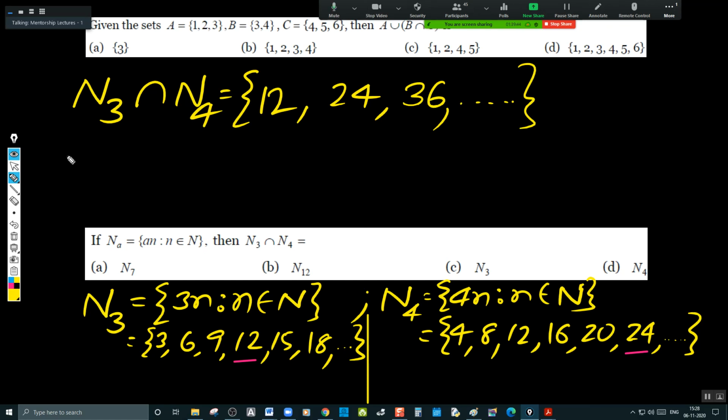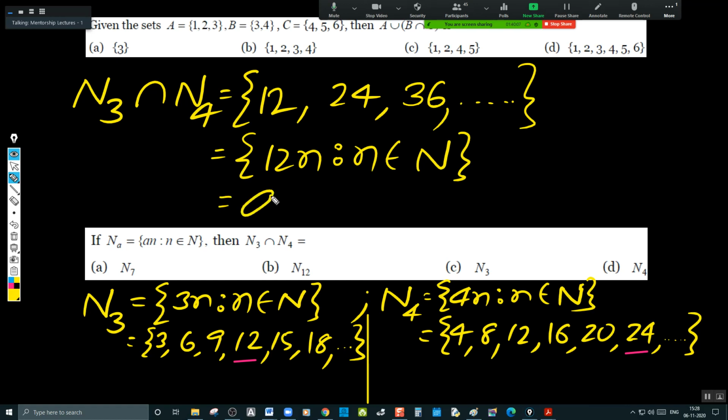If you replace, then it is nothing but An, no? This is 12n, is as n belongs to N. So your 12n is nothing but N12. It is very simple, LCM of 3 and 4. Option B.